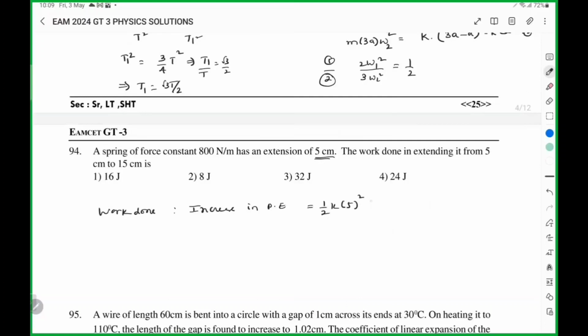From 5 to 15 means the change in potential energy, which is equal to half K into (225 minus 25). The spring constant is 800 Newton per meter. It is in centimeter square, so let us write in meters. Two zeros get cancelled, which gives 8 joules.